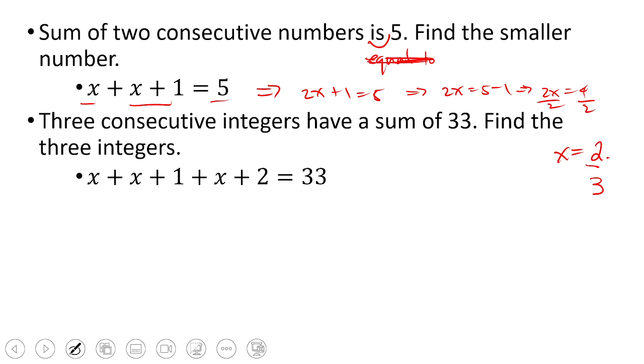Again, we do basic algebra here. So we will get 3x plus 3 is equal to 33. Then 3x is 33 minus 3. 3x is 30. Divide by 3 both sides. So x is equal to 10. So the smallest integer is 10. Then of course, what's next is 11.